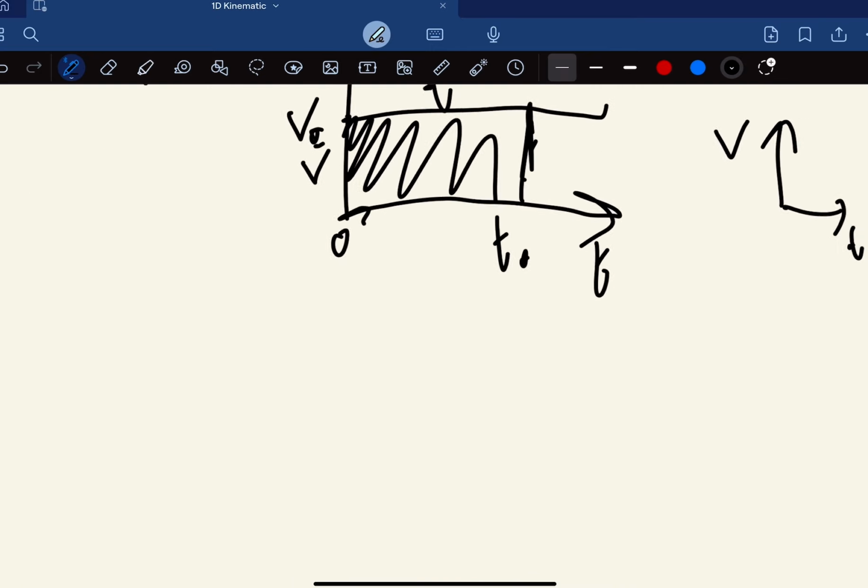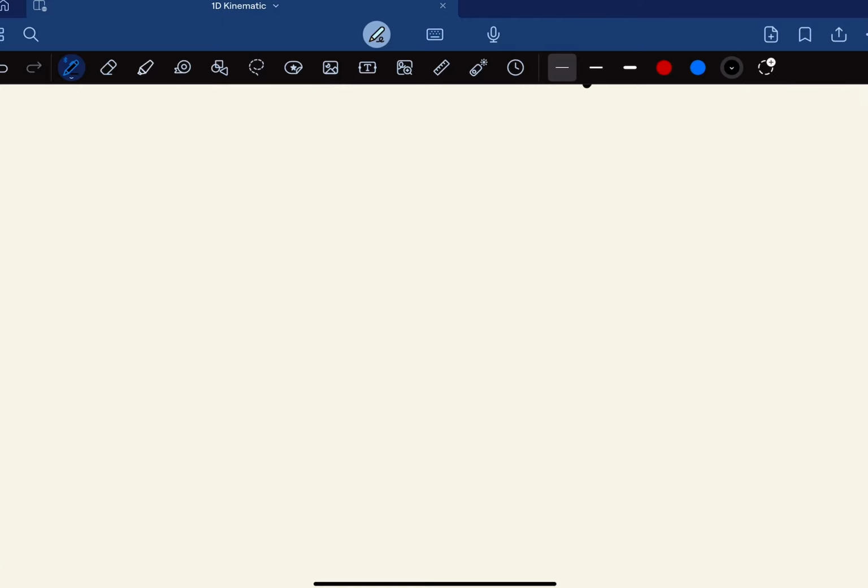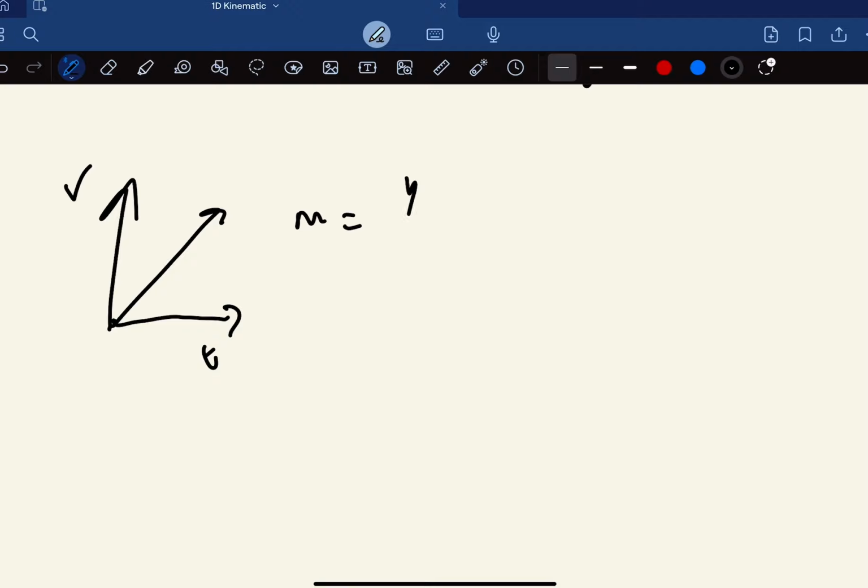So let's say we have a v versus t graph, and let's say we have a constant slope, m, which equals y2 minus y1 over x2 minus x1, which is equal to delta y over delta x.